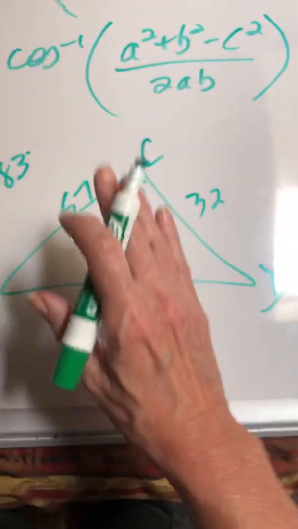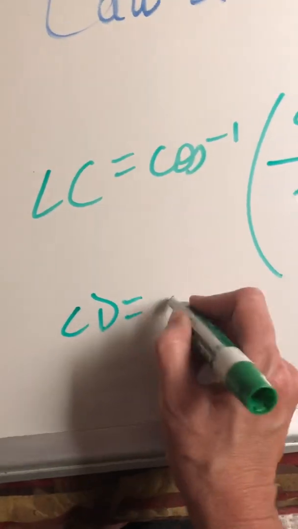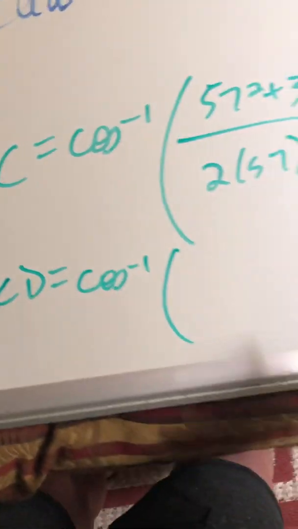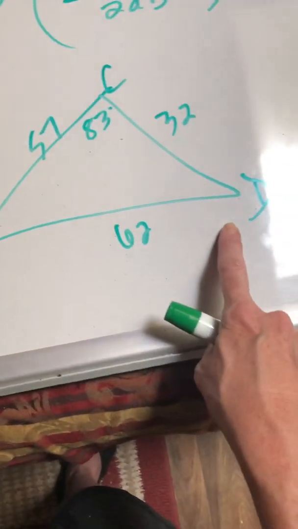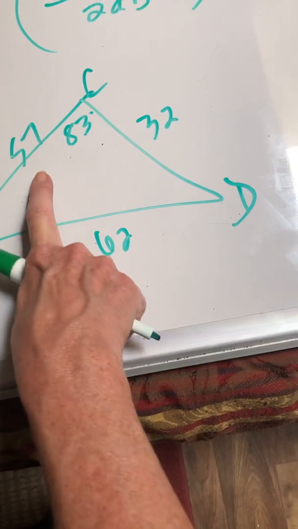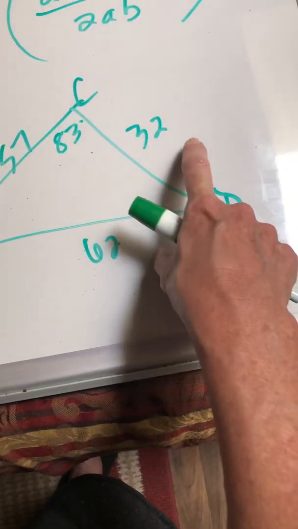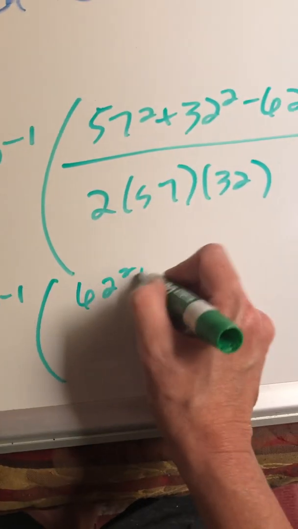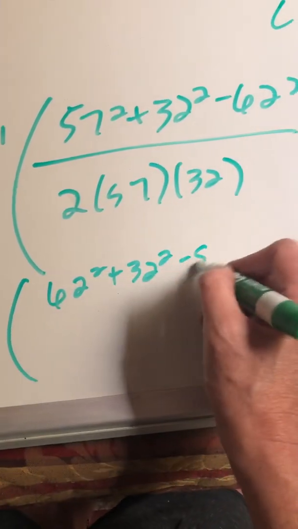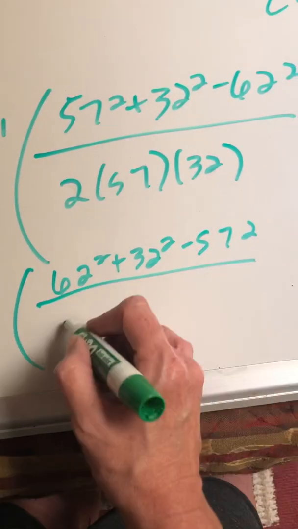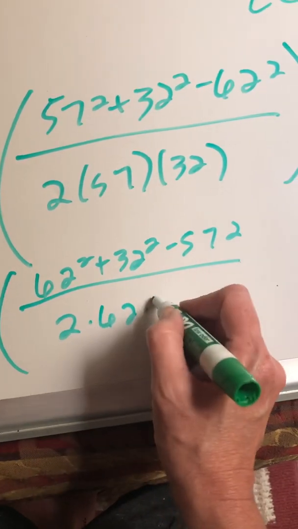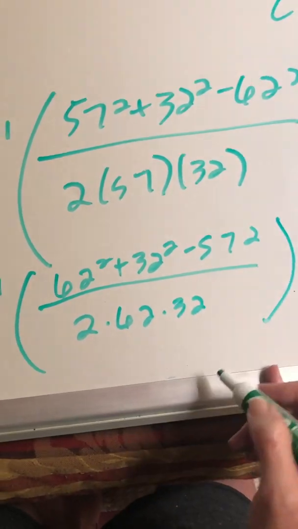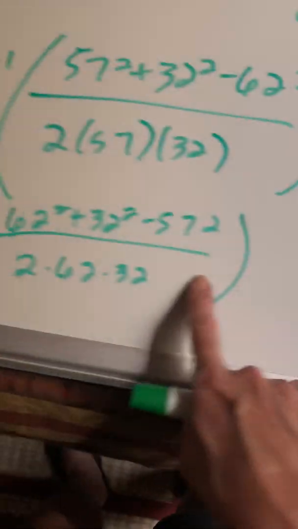Okay, so that's C. Now let's do angle D using law of cosines. So inverse cosine, angle D. Side 57 is across from angle D, so I'm going to use these two sides first. So 62 squared plus 32 squared minus 57 squared all over 2 times 62 times 32. Because 57 was across from D, so it's the one that gets subtracted.